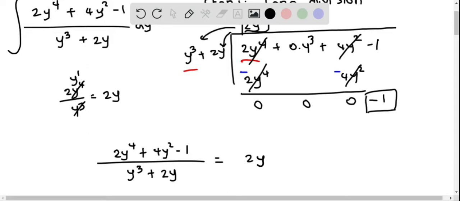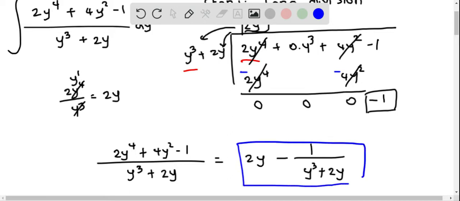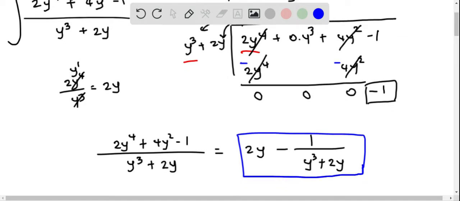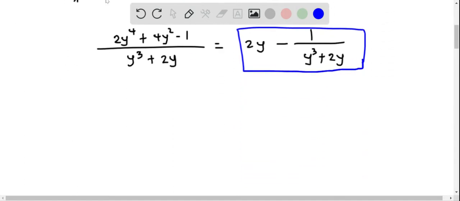Then we write the remainder, which is negative 1 here. So I write negative, and this is the remainder divided by the divisor. So this is 1 over the divisor, y cube plus 2y. And so we have written this proper rational fraction like this after long division. And this completes step 1.